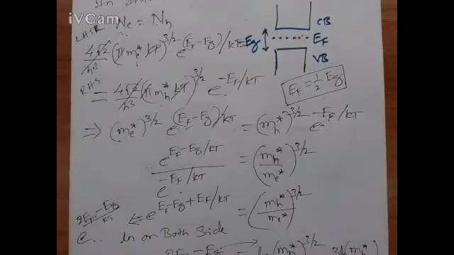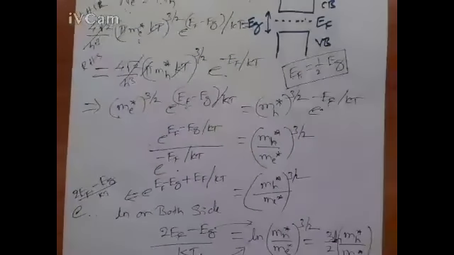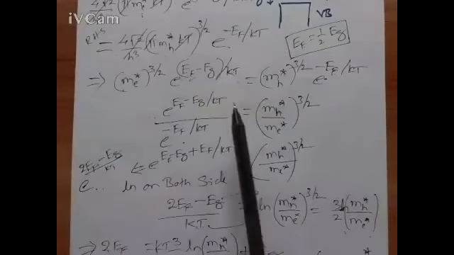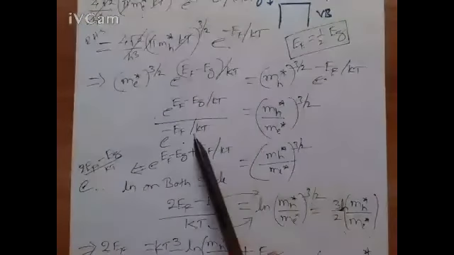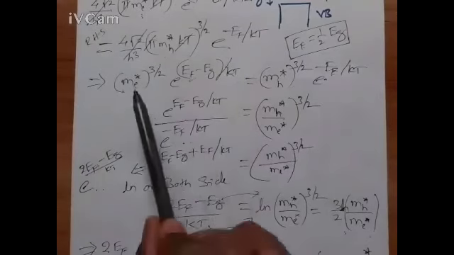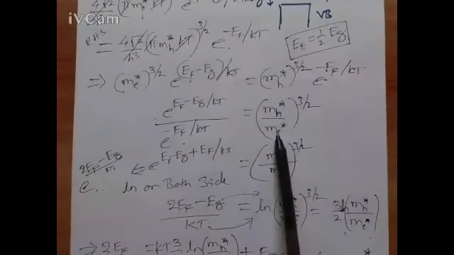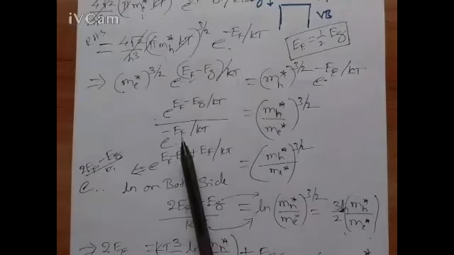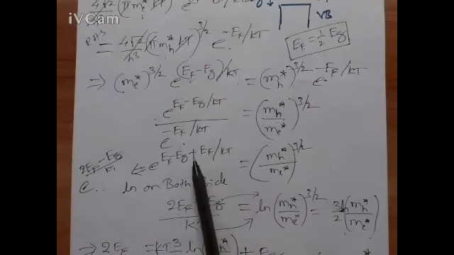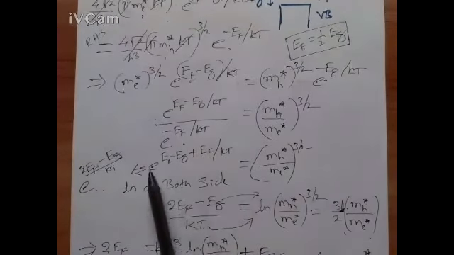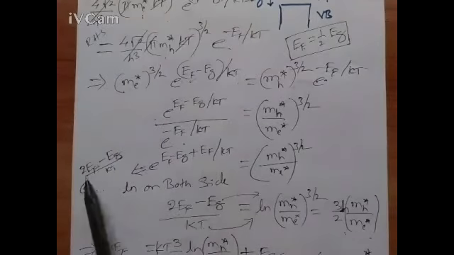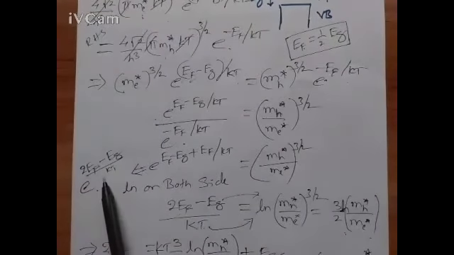This term is taken to the denominator. Since it is a denominator, when I take it to the numerator it will be plus EF. So this equation plus EF, I can write as 2EF minus Eg divided by KT.